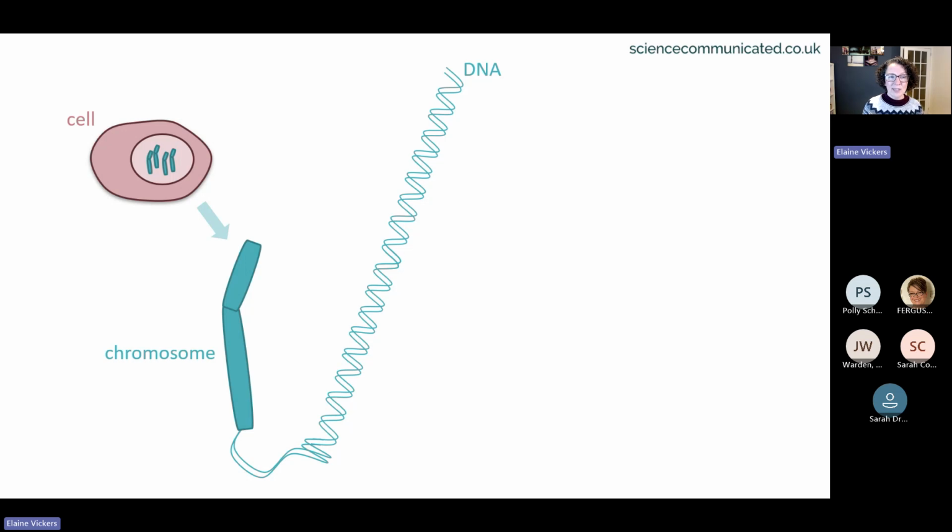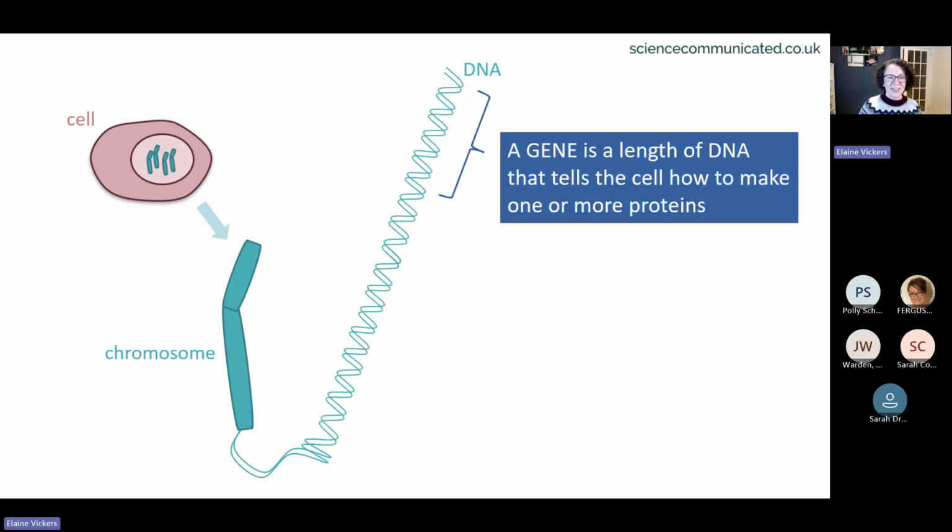So virtually every cell in our body has the same set of chromosomes and contains the same amount and same sequence of DNA. And within that DNA, there are lengths of DNA that the cell can recognize as being different from the rest. And it can tell that this bit of DNA, unlike most of the cell's DNA, is a gene.